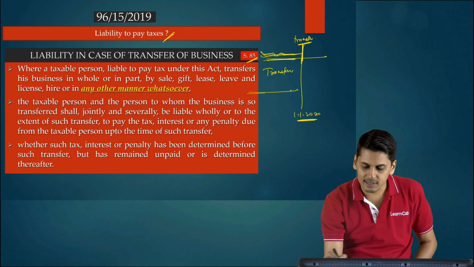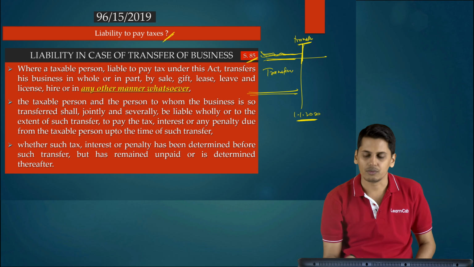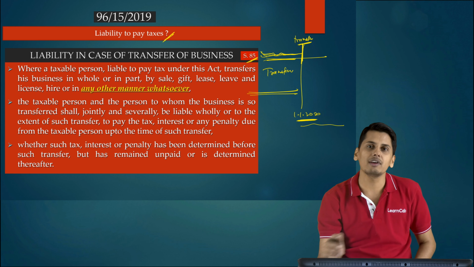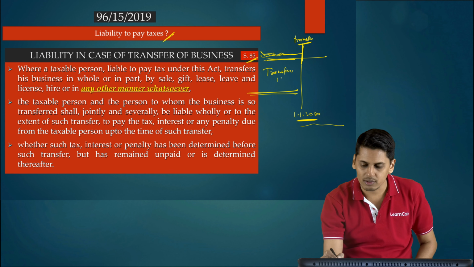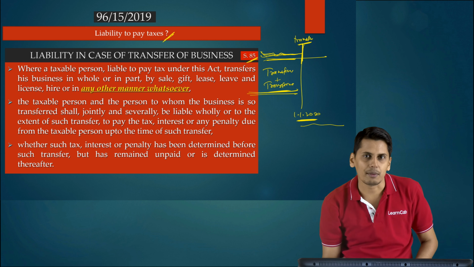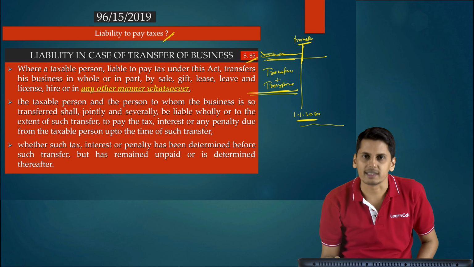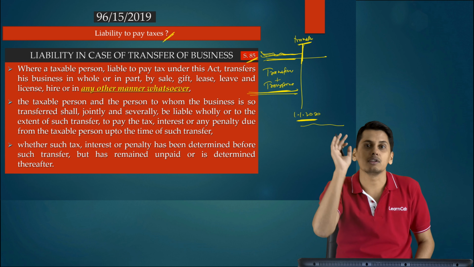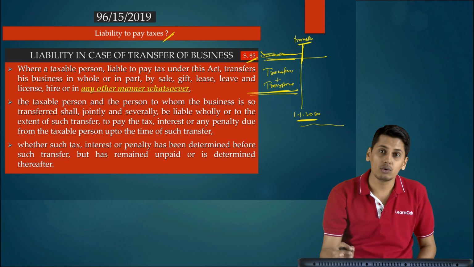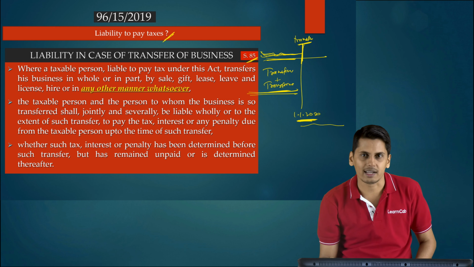Now, any liabilities up to this date, whether found out before 1st January 2020 or after 1st January 2020, both the transferor and the transferee are going to be liable to discharge this liability, for the simple reason that whenever transfer of business takes place, the liabilities are also transferred, whether found out on the same day, before transfer or after transfer.